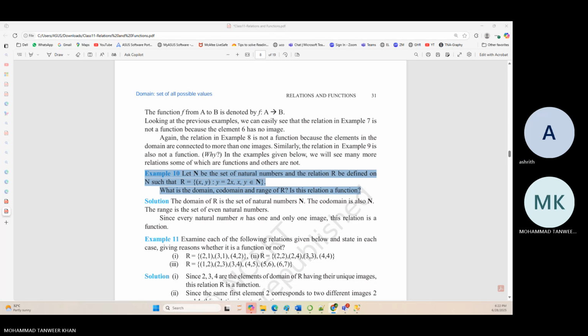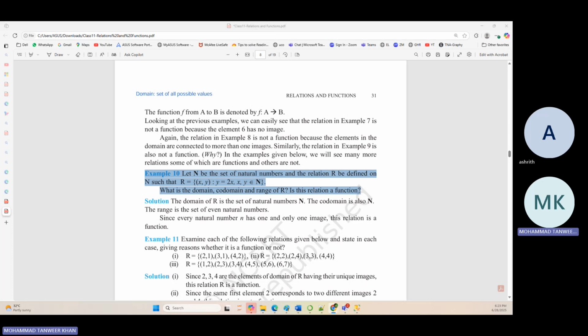Okay. Now, what is the codomain? The codomain is also natural numbers. The codomain is the set that contains all possible outputs, as defined in the function. So what is the difference between domain and codomain?